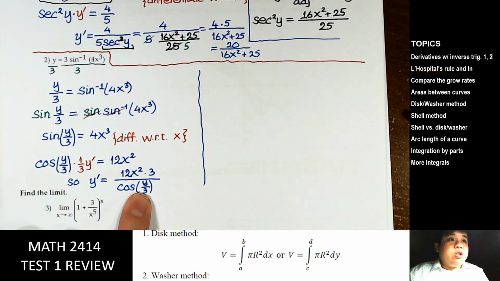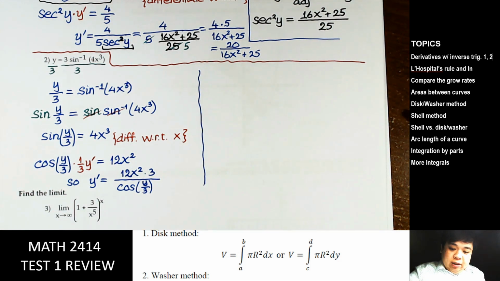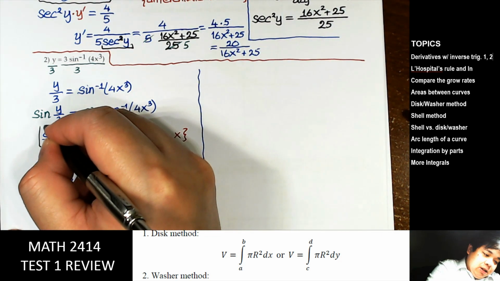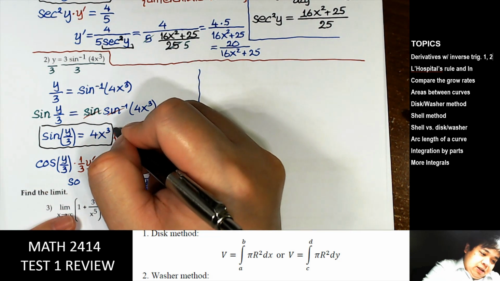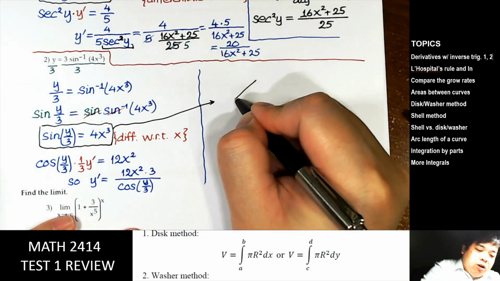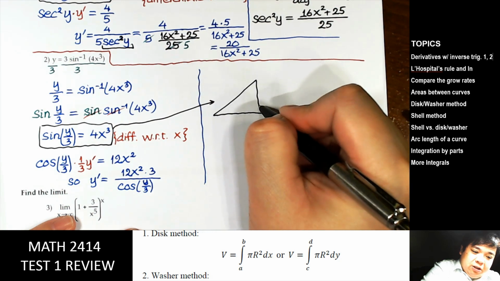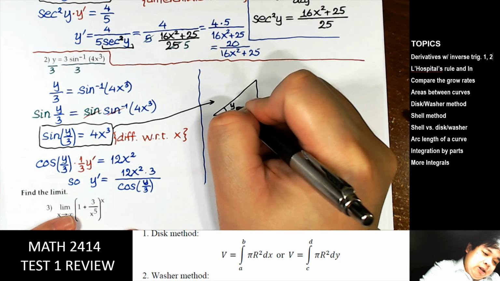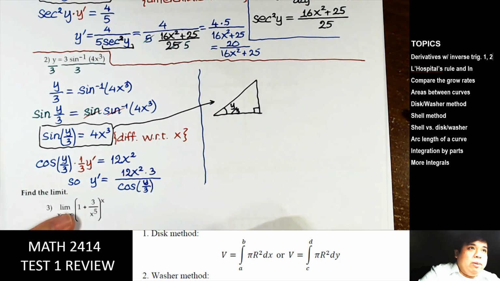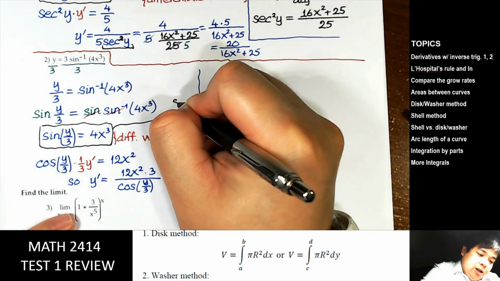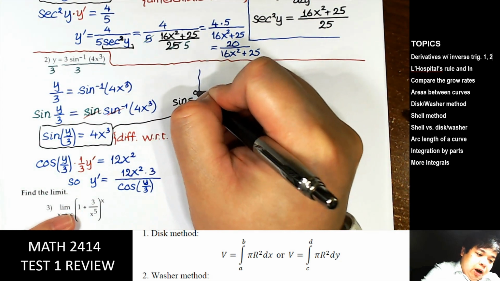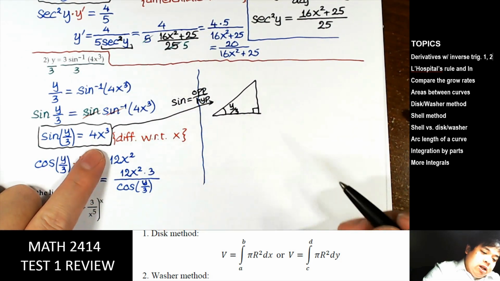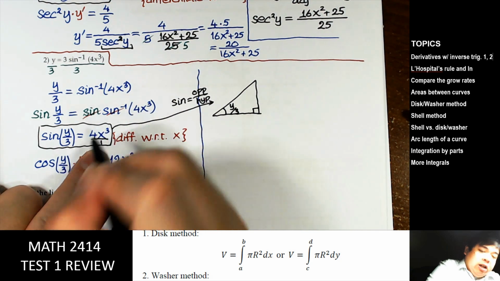Right, so what is cosine of y over 3? Now we are given this, and then we can draw a right triangle. But this time the angle is going to be y over 3. Right. Sine is equal to opposite over hypotenuse. So opposite, we can write this over 1 if we want to.